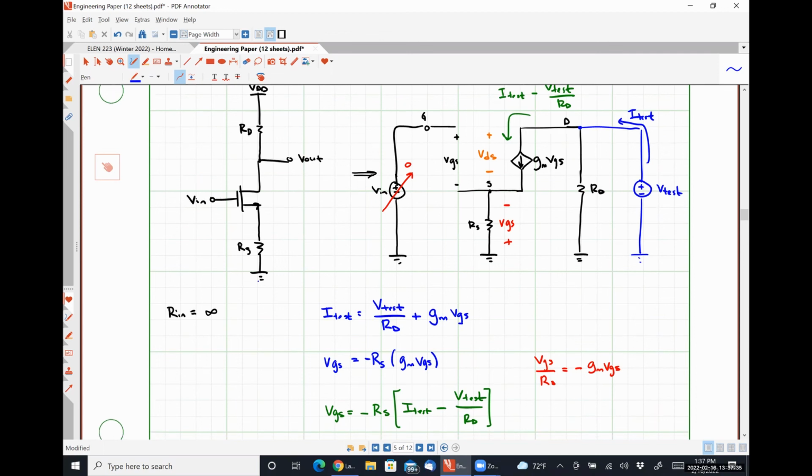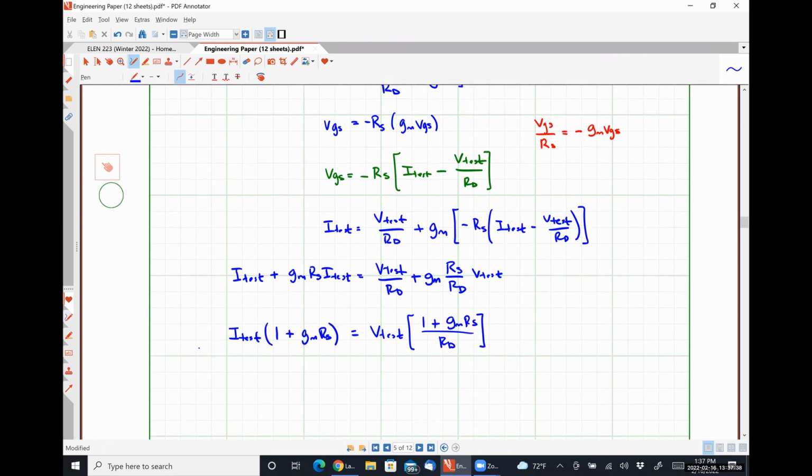And I think we're about to find out in literally just a moment that when I do the algebra here, V test over I test would be 1 plus GM RS multiplied by RD over 1 plus GM RS, which is just RD, which is literally the exact same result that we would get for VGS equal to 0.